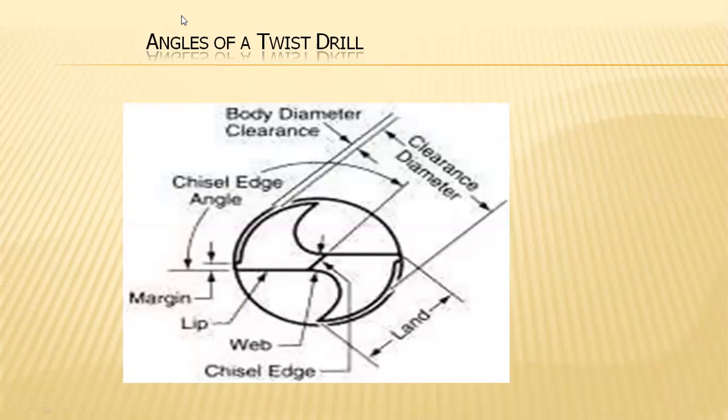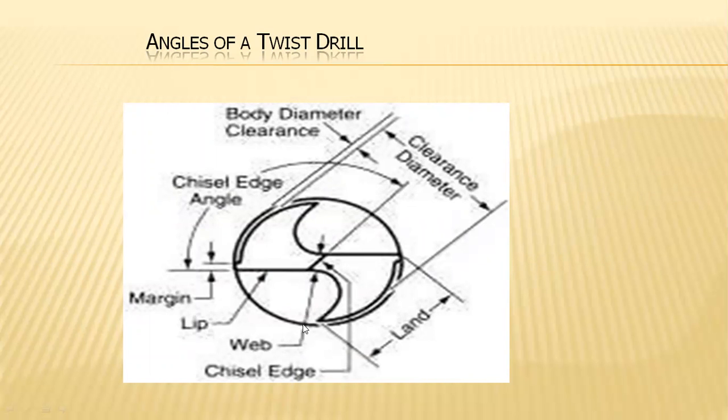In the top view representation, we can identify the different parts: the body clearance diameter and the land, which is the cutting-prone area confined here, and this other land is also a cutting-prone area. This is the margin that is maintained for cutting and the ideal guidance of the workpiece.